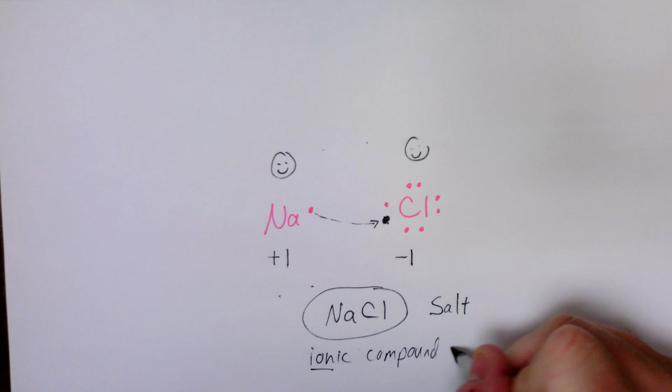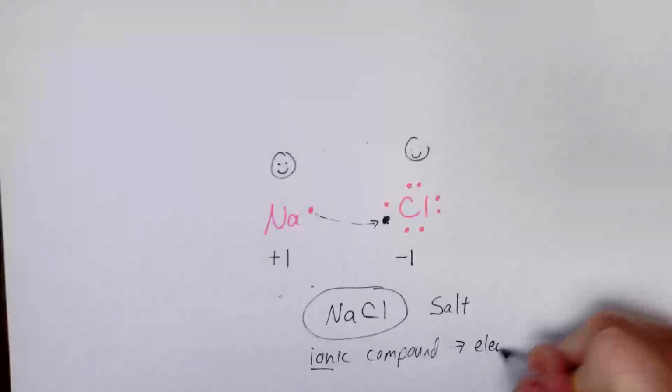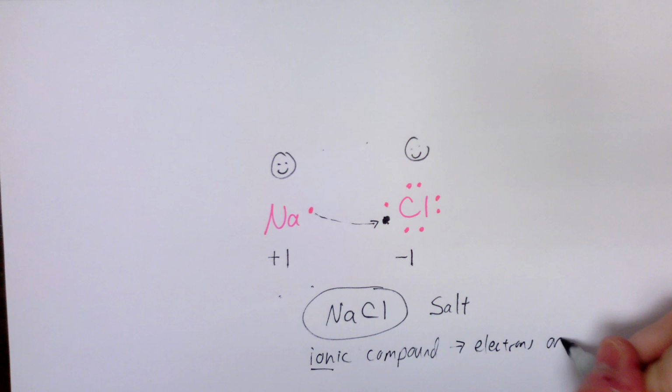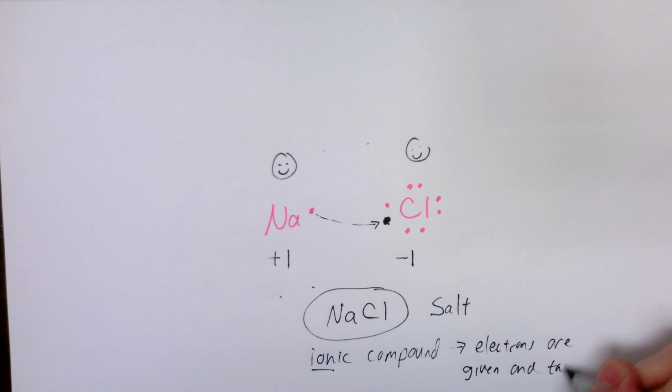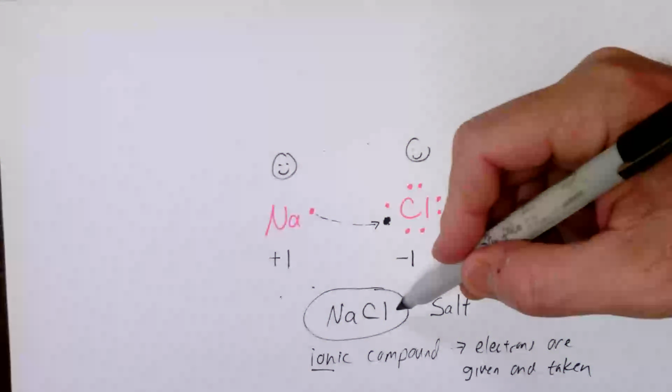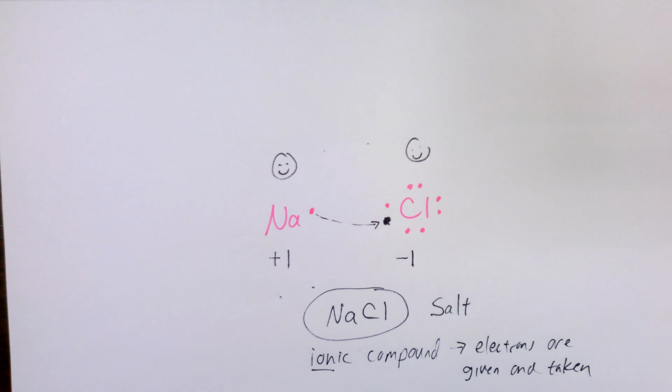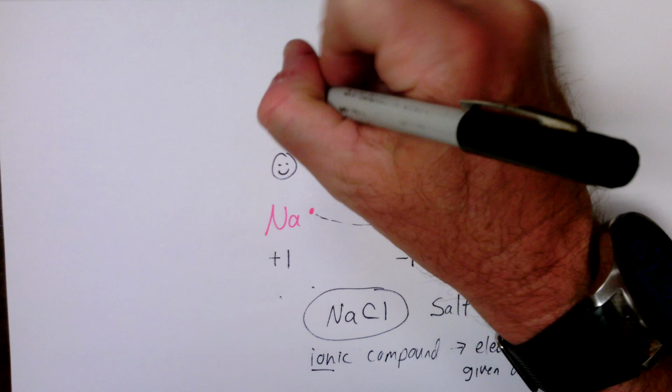This happens when electrons are given and taken. Because now you have charge, you have ions, and you stick together because opposites attract. Now, you guys know the name of this. You know that's sodium chloride. I just said it.